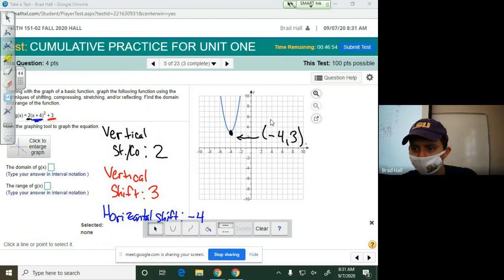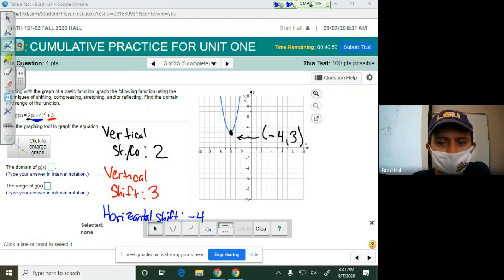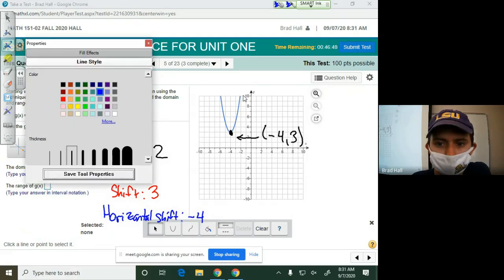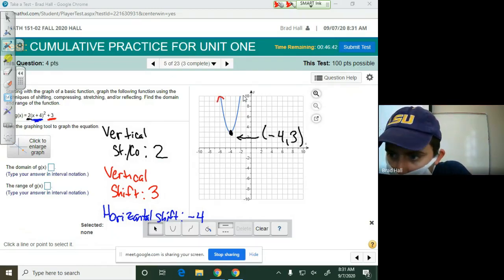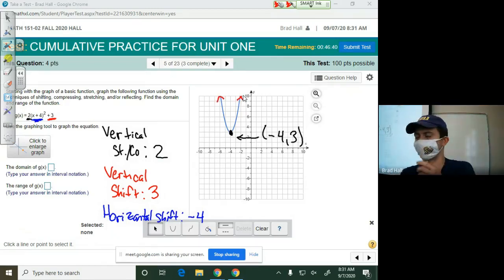The domain here, in fact, I will just fill in the arrows. So for the domain, they do go to the left and to the right forever. It's all real numbers, -infinity to +infinity.